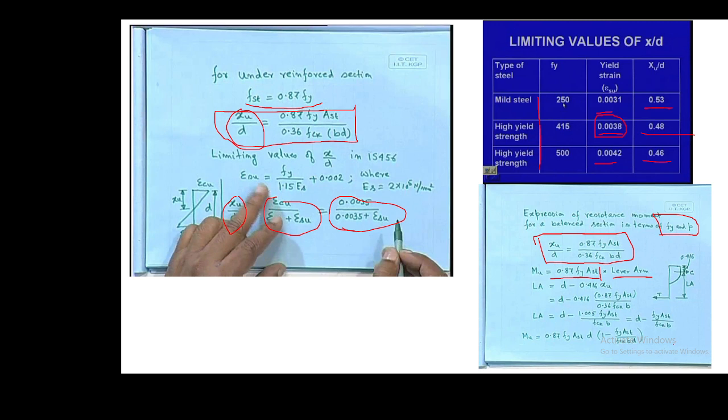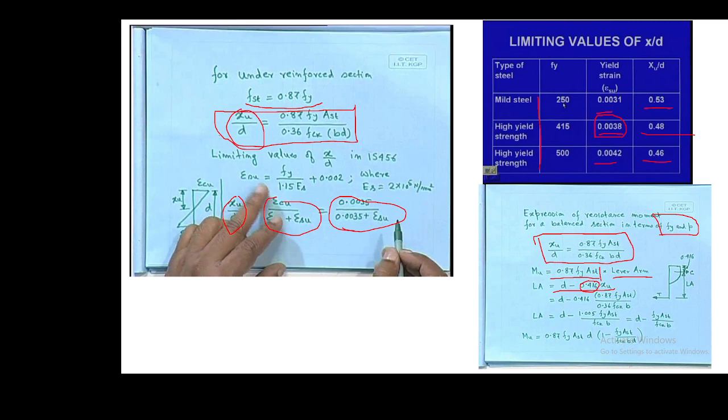We'll see the first one this way. The lever arm you can calculate as D minus 0.416 XU, and 0.416 you can consider as 0.42 for approximation and to remember.